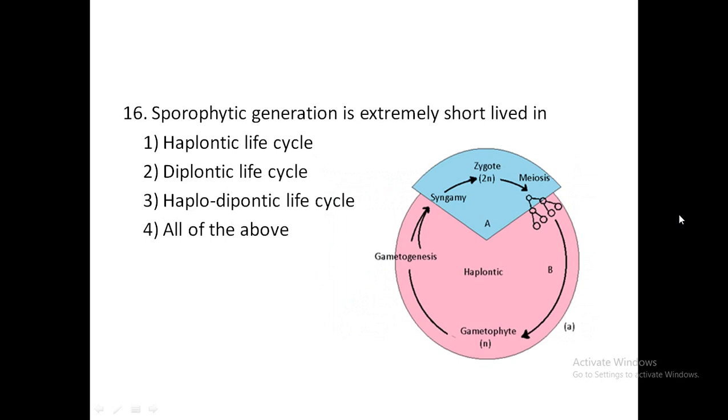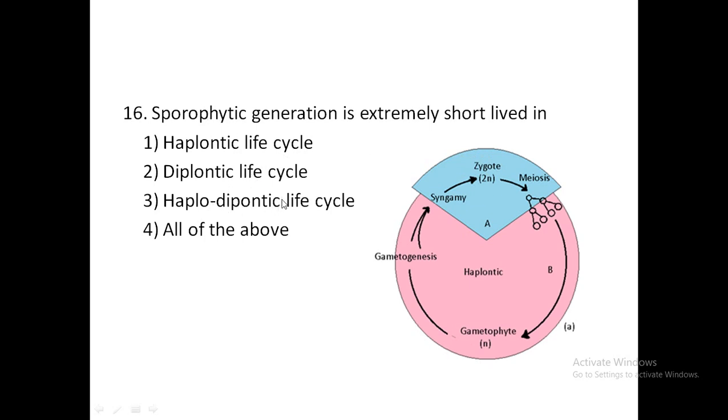Now, the sporophytic generation is extremely short-lived in. So this we already discussed. Sporophytic generation is extremely short-lived in the case of the haplontic life cycle. It is represented only by a single cell, the zygote. So it is extremely short-lived. In the diplontic life cycle, the sporophytic generation is dominant.